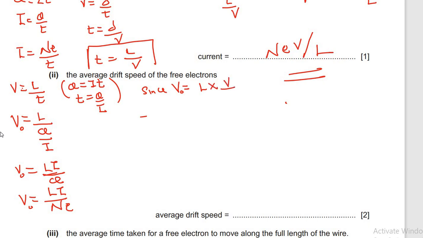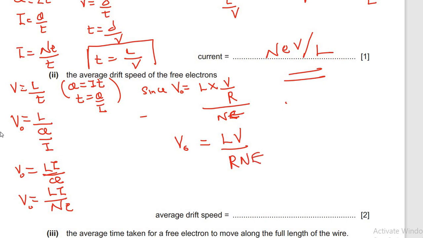Current is voltage over resistance, all over NE. So therefore, with small e, sorry, the drift velocity would be LV over RNE.